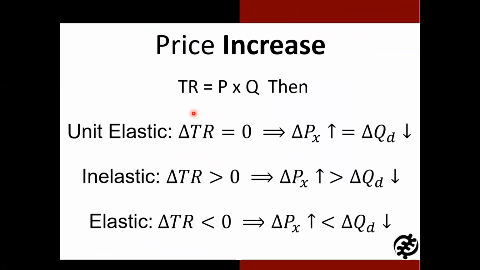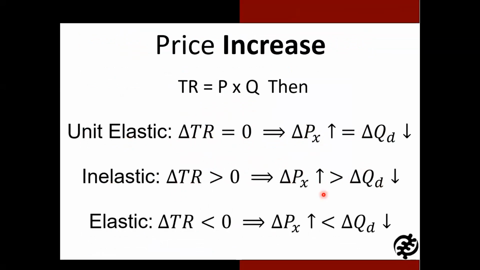So here we go. Change in total revenue is equal to 0 if it's unit elastic, that's -1, that means these changes are the same. If you're inelastic, that means the price arrow is bigger than the quantity arrow.